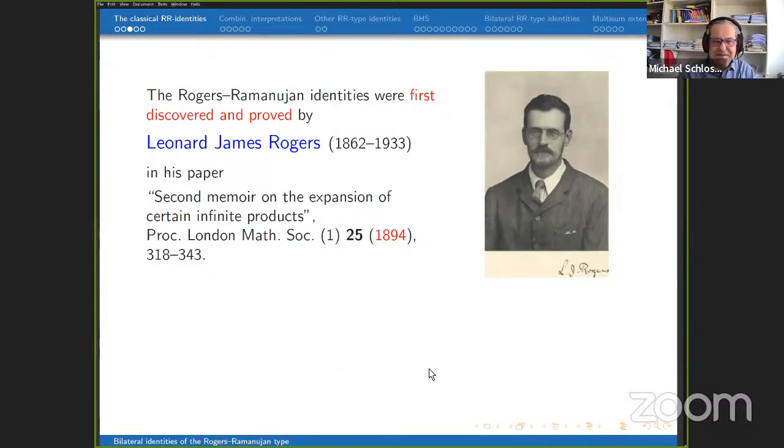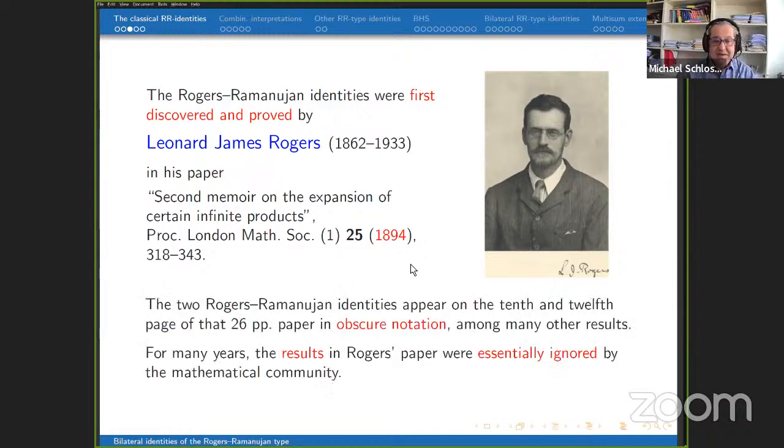Okay, so here is a tribute to Rogers, who was actually the first to discover these identities already in 1894. But his identities were somewhat hidden in a long paper on page 26 in some strange notation, and this paper was essentially ignored by the mathematical community for a long time.